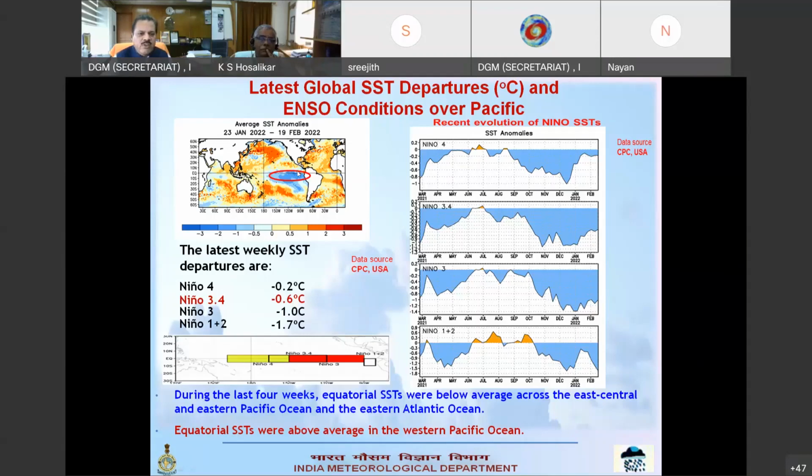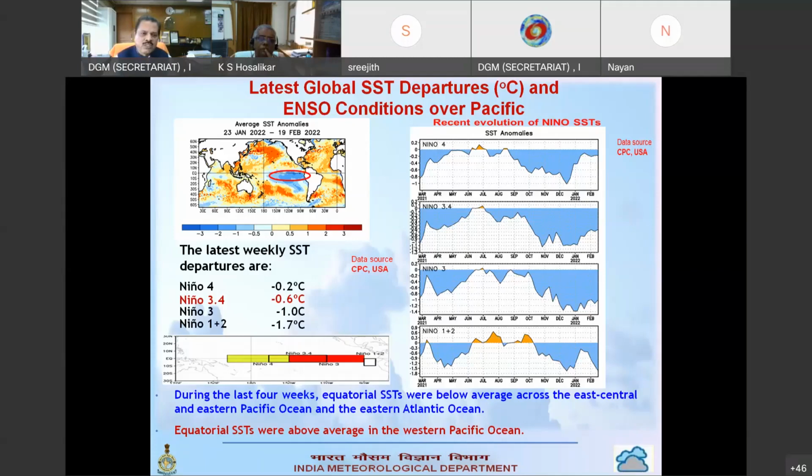If I calculate the average temperature for different Nino regions, that is Nino 4, Nino 3.4, Nino 3, and Nino 1+2, I find that it is minus 0.6 over Nino 3.4. That means moderate La Nina conditions are prevailing over the equatorial Pacific region.